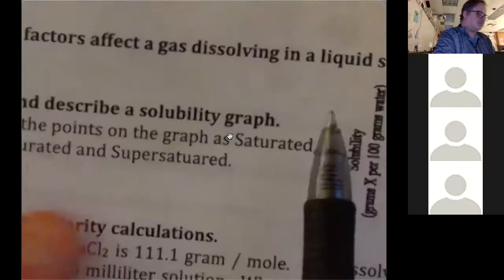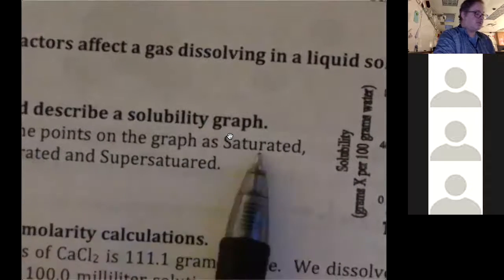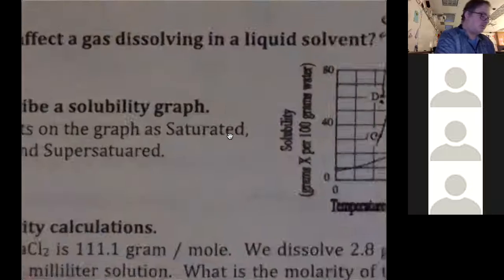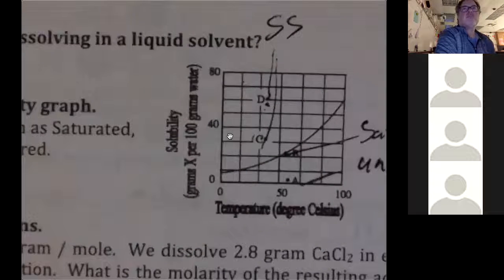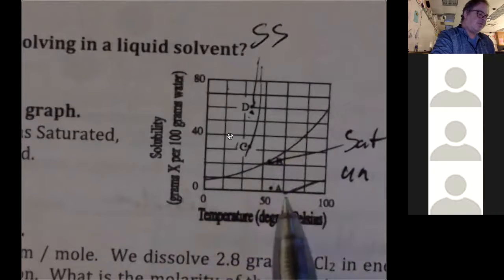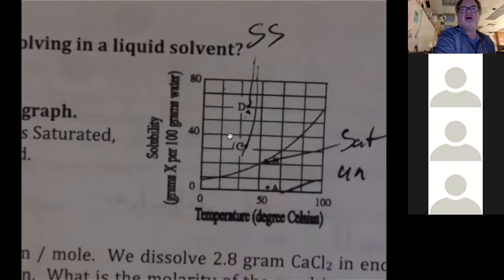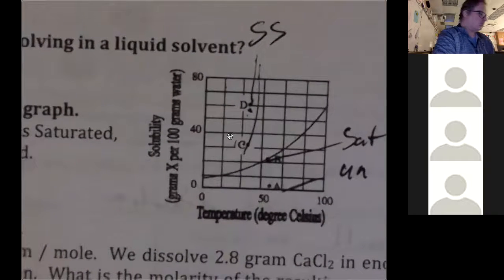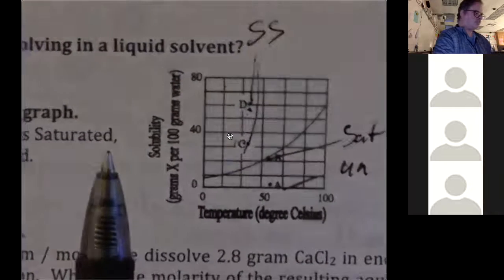So the actual question says, label the points as saturated, unsaturated, supersaturated. So I just did that. Always keep in mind where the line is, but think about the position of the point. The rest is just boring math problems that we've done so many of.